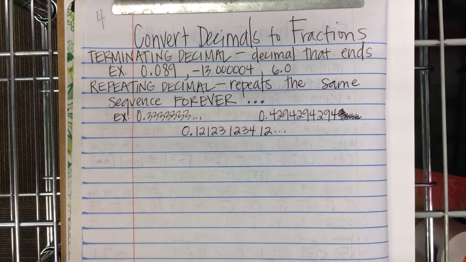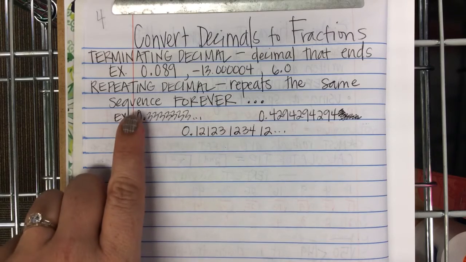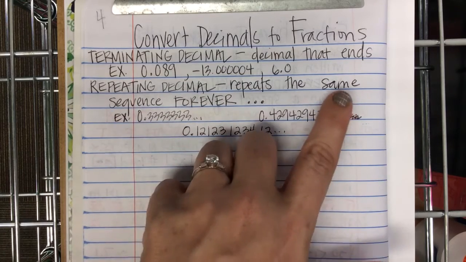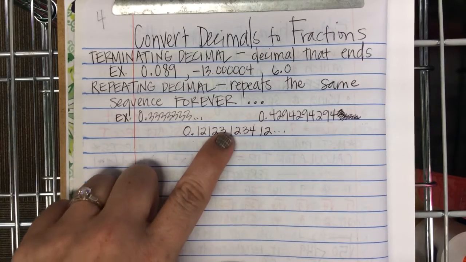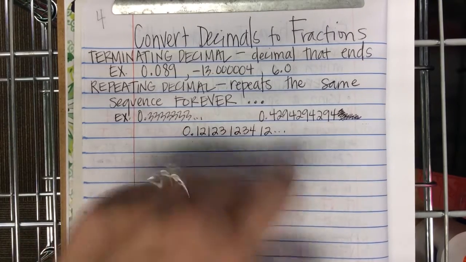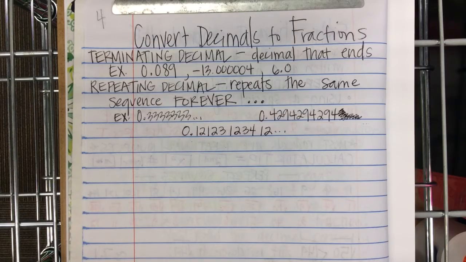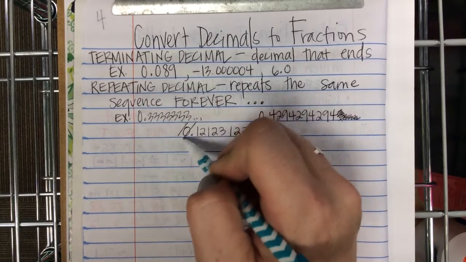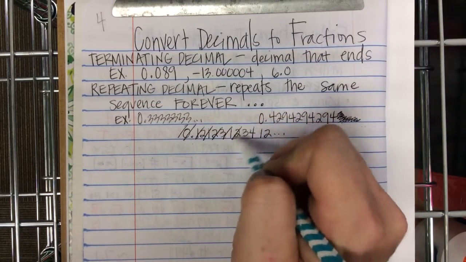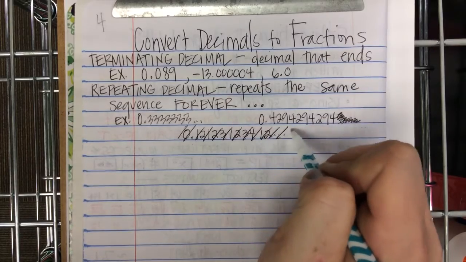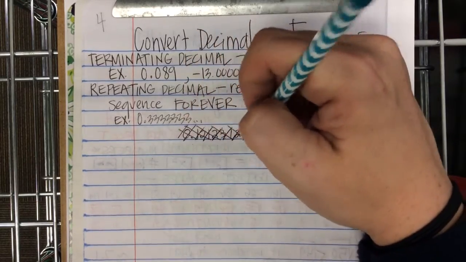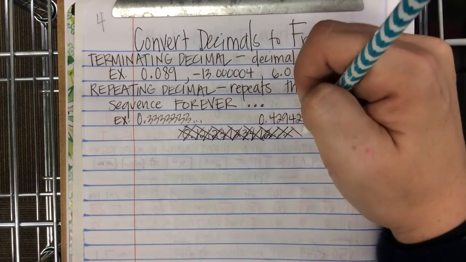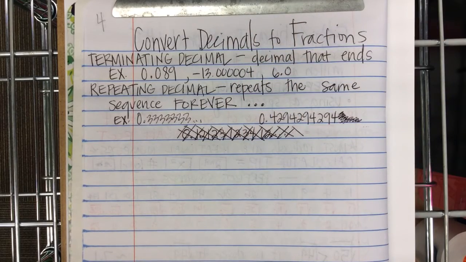You know what comes next because there's a pattern. But is it the same sequence? Does the pattern repeat or does it change? It changes. So a pattern does not mean it's repeating. That one does not belong in our repeating decimals.